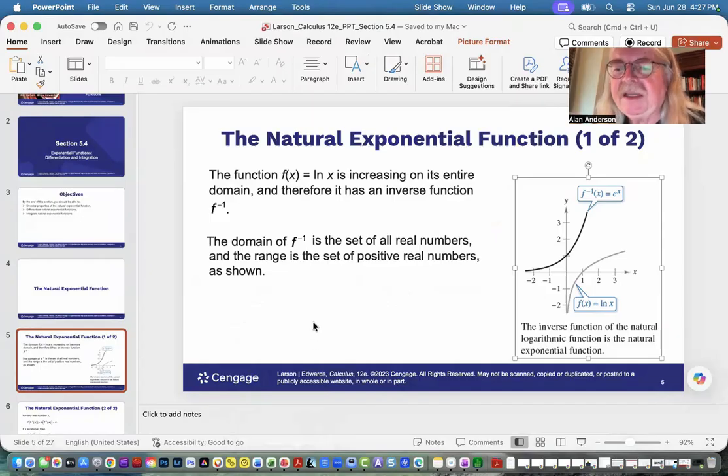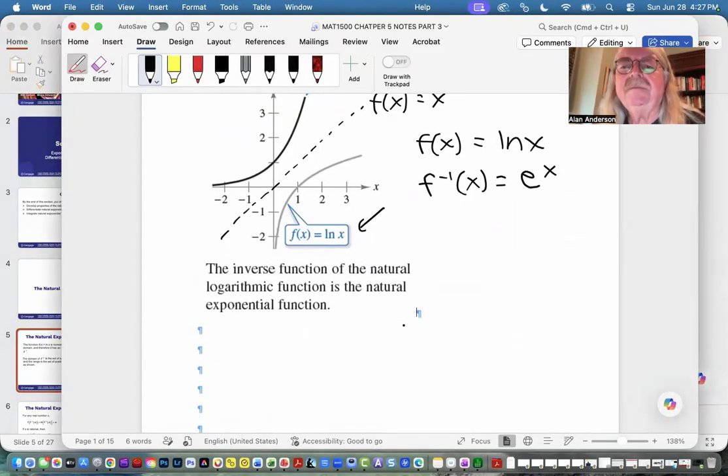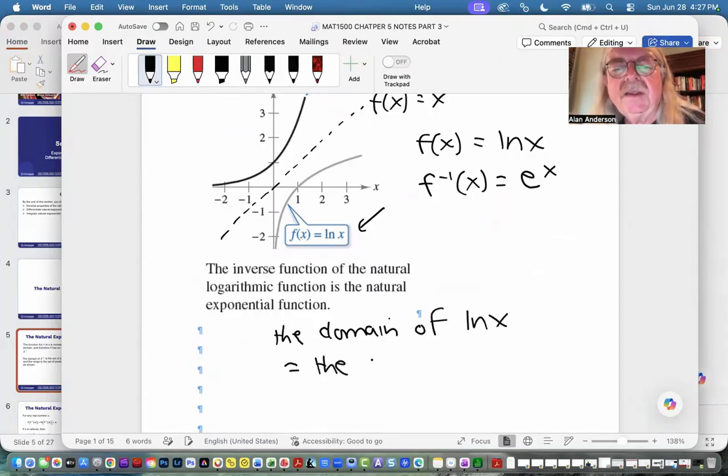And of course, that being the case, if you remember, we had this discussion once before, that indicates that the domain of log x equals the range of e to the x and vice versa.